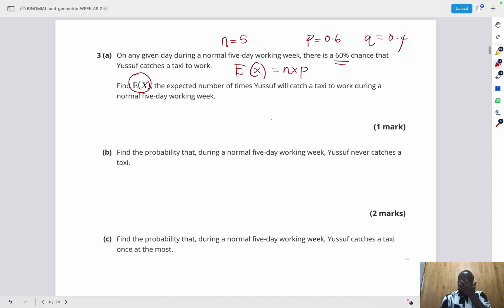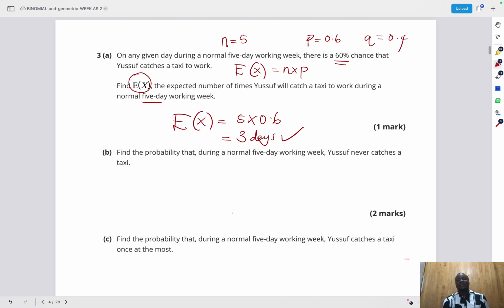Find the expected number of days Yusuf will catch a taxi to work during a normal 5-day period. So expectation is equal to n, which is 5, times 0.6, which is just going to be 3 days. Meaning Yusuf is expected to catch the taxi for 3 days.